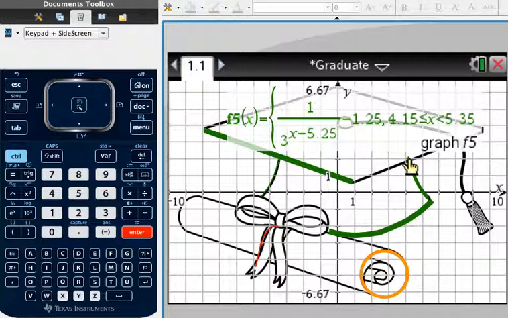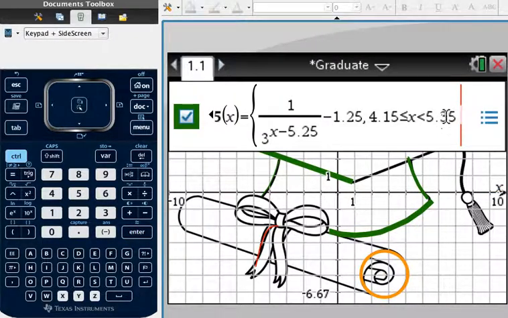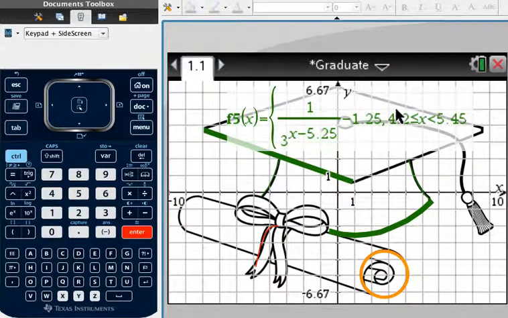If I was super worried about it, I can change this limit again. But down here I'm not quite low enough. So I do need to go ahead and expand that. Let's do 4 there. And let's say I was super picky and I didn't want it to get that far. So I might change this to 4.2. There we go. And when I look at it, looks pretty well perfect.